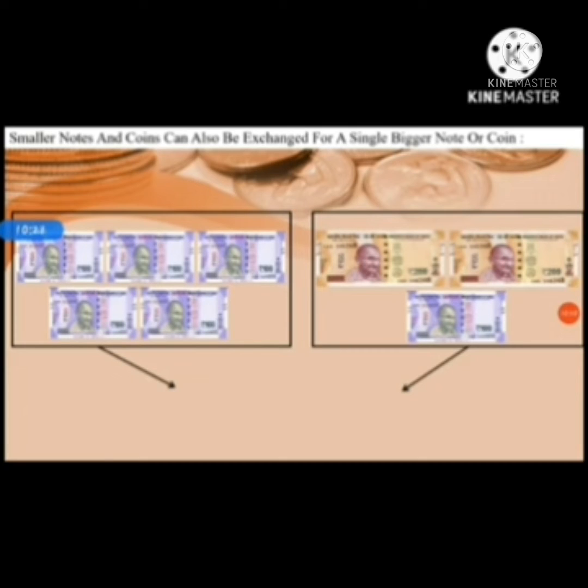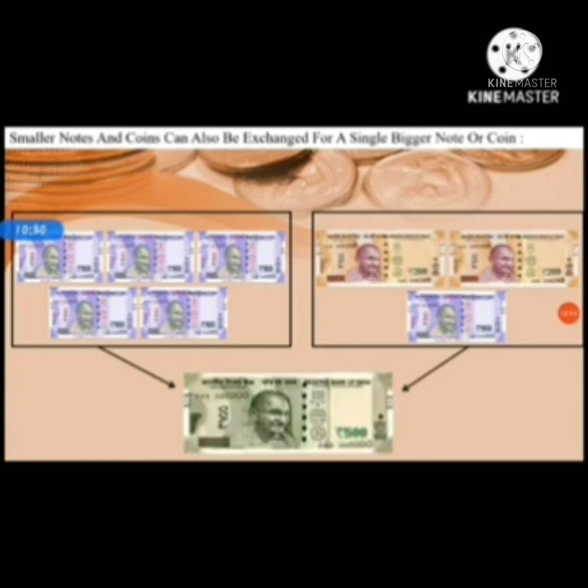Tell me. Yes, it's very easy. The answer is 500 rupees. 500 is the bigger note, and all these smaller notes we can exchange for 500. If we have 100 rupees, 200 rupees, we can exchange these two for a 500 bigger note.